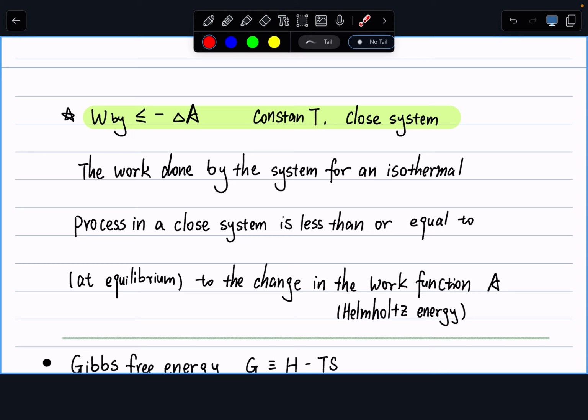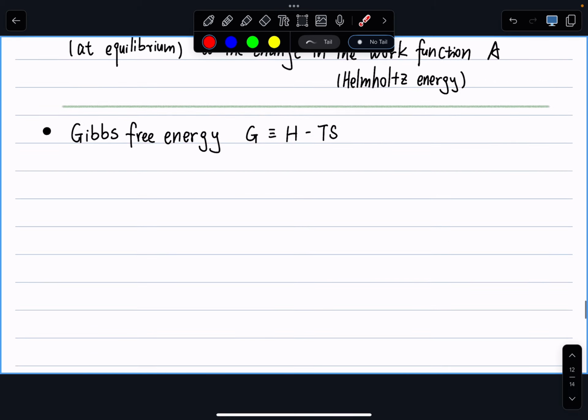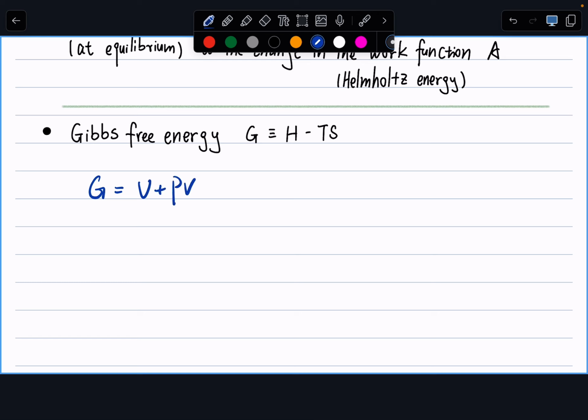So 2 more minutes, let me see if I can finish it. Gibbs free energy, the same idea. We apply the same kind of idea. Gibbs free energy equals H minus TS, so G equals U plus PV minus TS. That's your enthalpy H, H equals U plus PV.